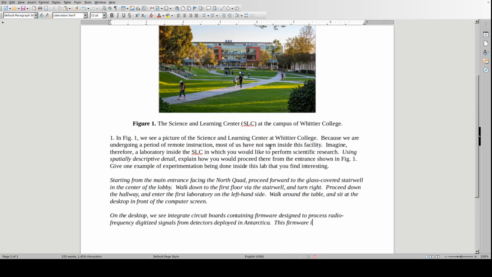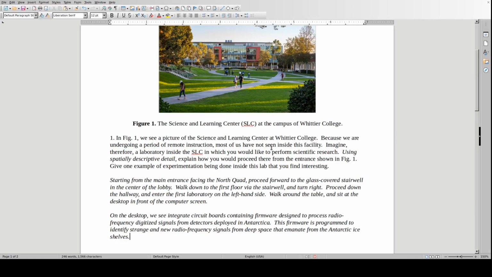This firmware is programmed to identify strange and new radio frequency signals from deep space that emanate, did I spell that right? There's no way I spelled that right. Emanate from the Antarctic ice shelves.